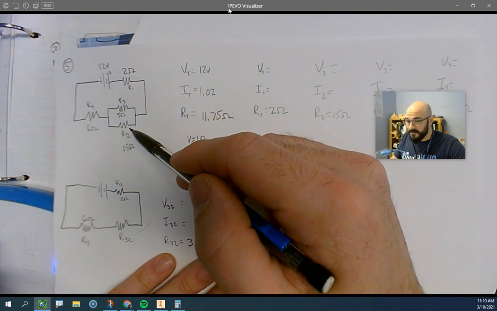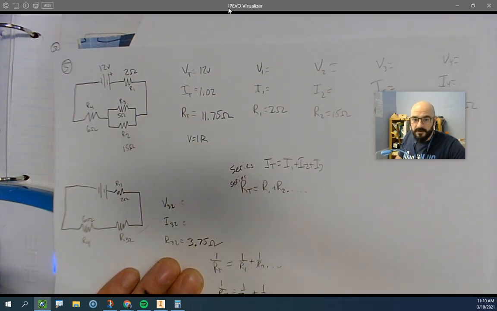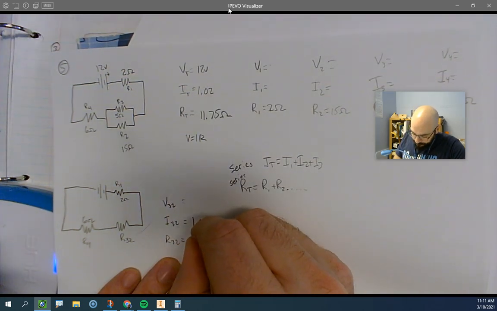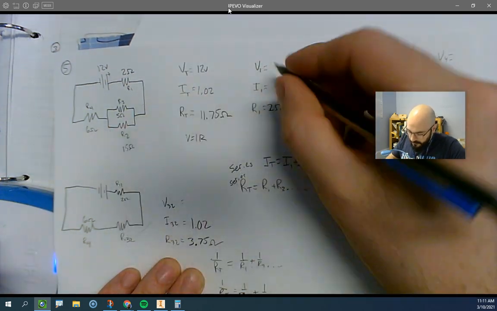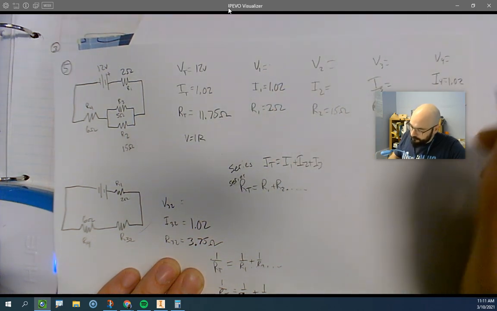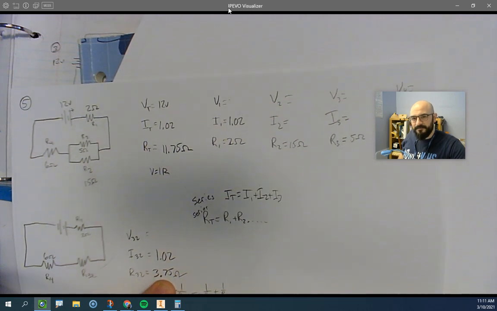These two are in parallel, so they're going to do something funky with the current. But I can say, hey, the current for R32 is the same thing. So IT, we got 1.02. I1, 1.02. I4, 1.02. I'm feeling like finishing what I started.